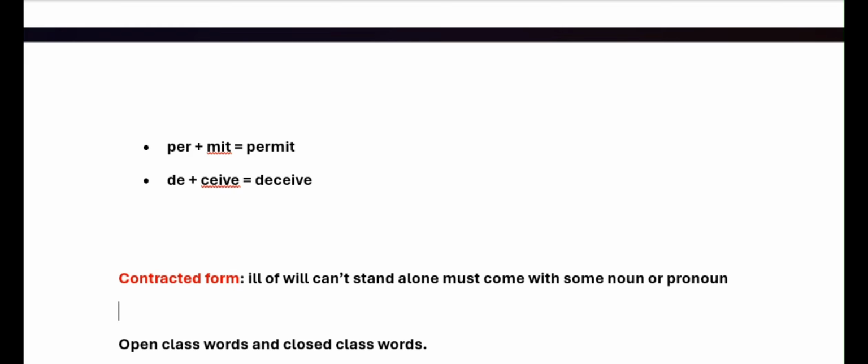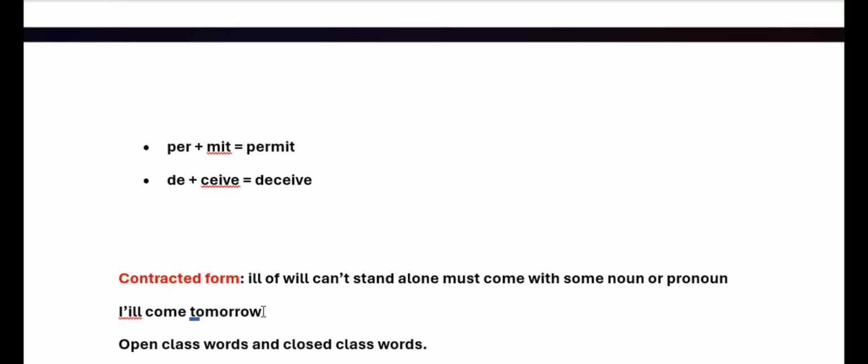For example, I will come tomorrow. Now will can stand alone, but if I make it 'll, now it cannot stand alone, it should be attached to I. Now it is a contracted form. It is also an example of bound morphemes.